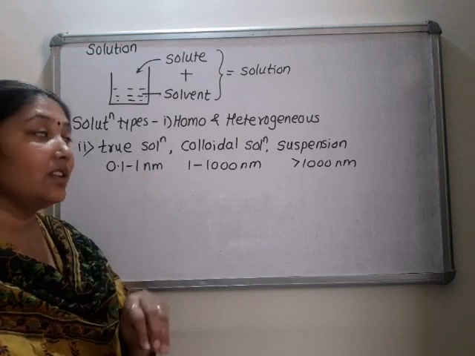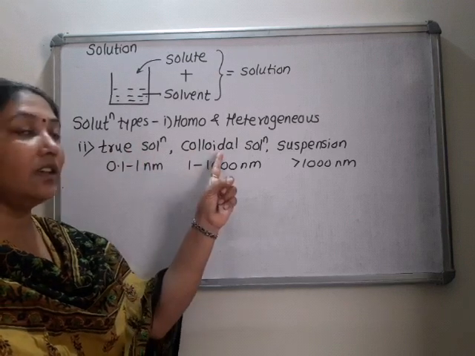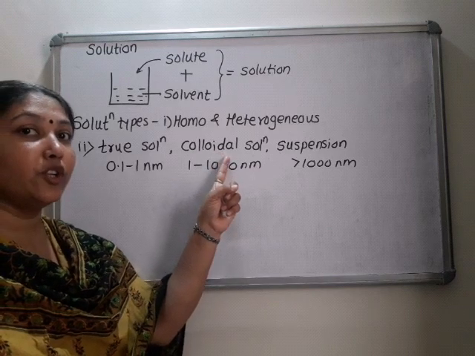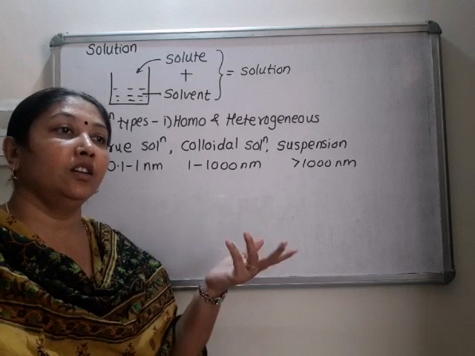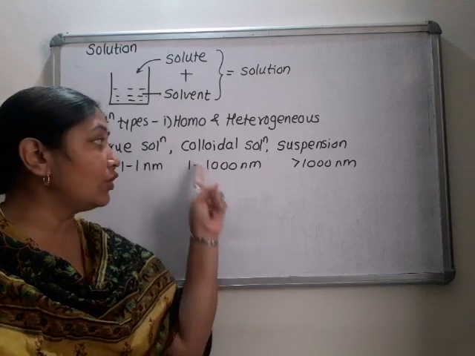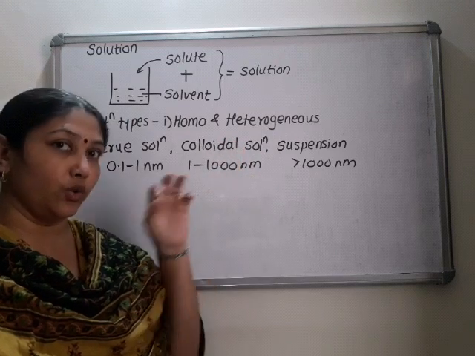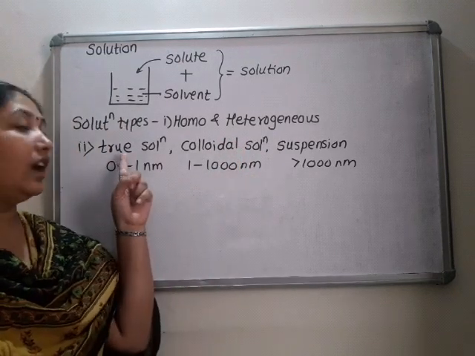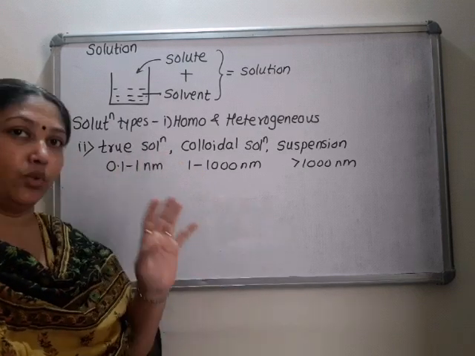In this lesson, we are going to discuss true solution. Last year we discussed colloidal solution and its properties like Brownian movement, Tyndall effect, then electrophoresis, electroosmosis. All these properties we studied regarding colloidal solution. This year we have to study true solutions.